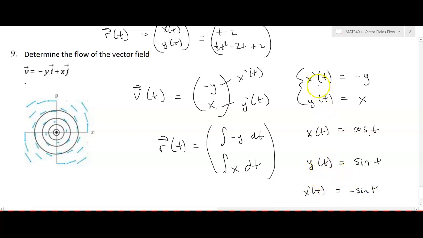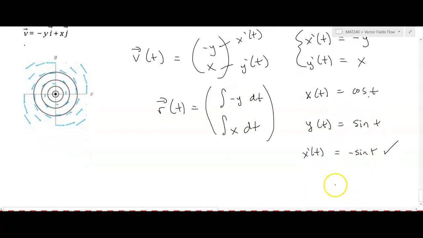And I see that x prime is the opposite of y. Y is sine of t, x prime is the opposite of that. So that's a check. That works out. That's exactly what we were intending to find. And similarly, if I take the derivative of what I claim to be y, which is sine of t, I get cosine of t, and y prime of t is equal to x, in fact. So we see that those two are equal to each other.